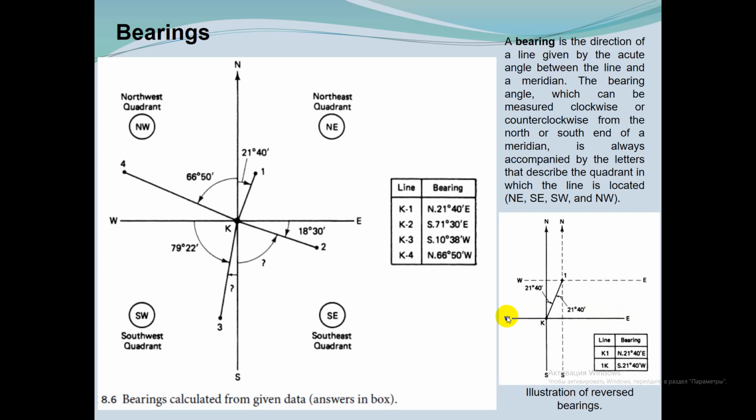To illustrate, walking with a compass along a line in a northerly direction, if you were to stop and return along the same line, the compass would indicate that you were walking in a southerly direction.